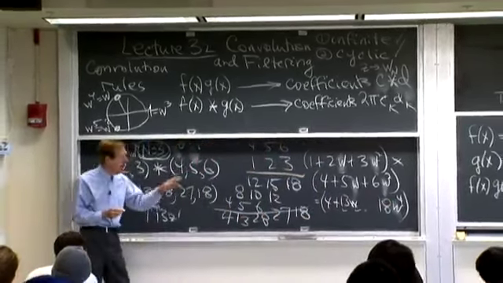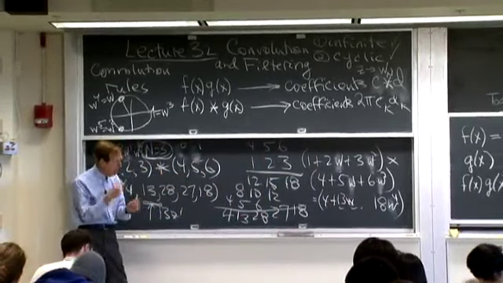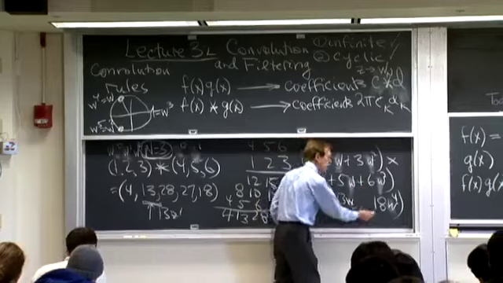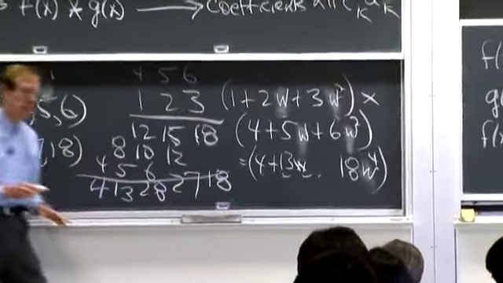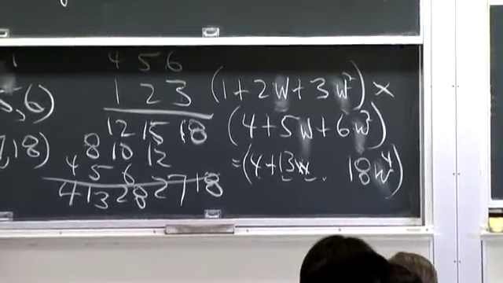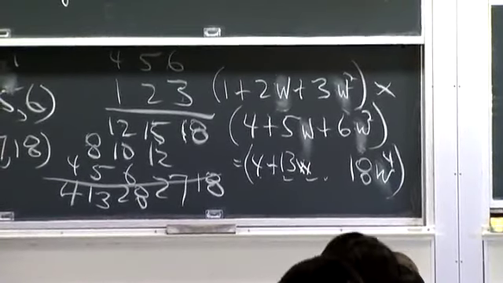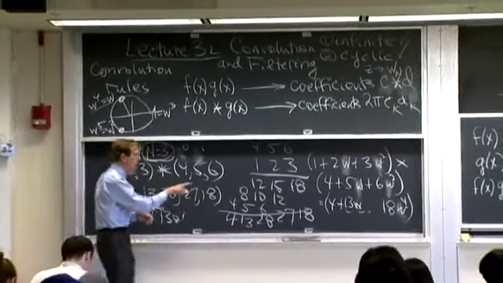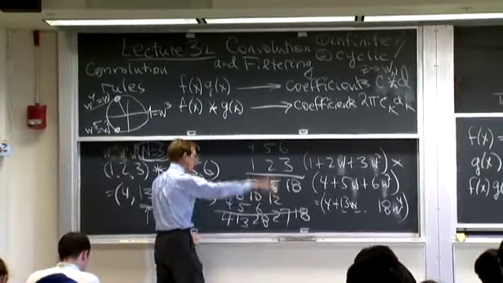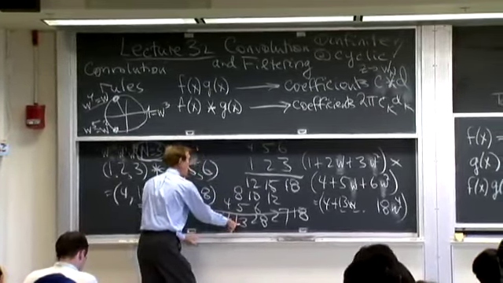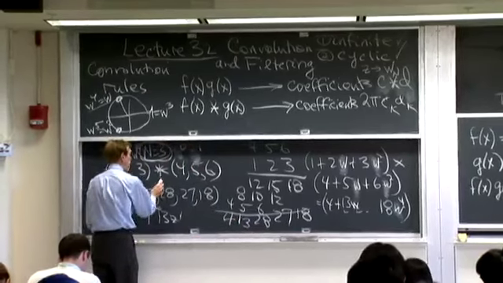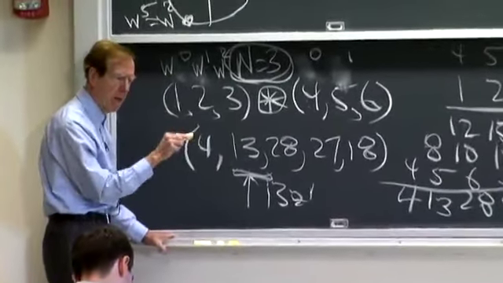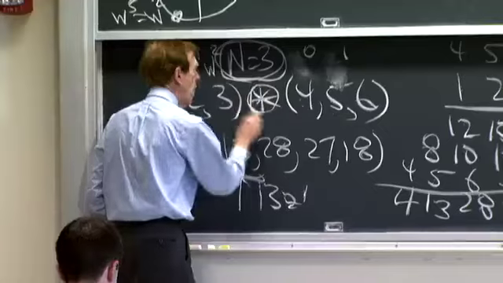So when I do the multiplication, there's no difference except in how I write the answer. 18w to the fourth is the same as 18w, because w to the fourth is the same as w when n is 3. So that 18w to the fourth cycles back in with this 13. Can I show you the symbol? I'll just do a little circle there to say this is now the cyclic convolution.